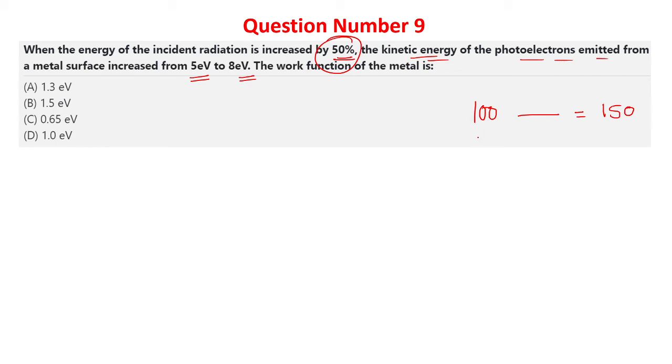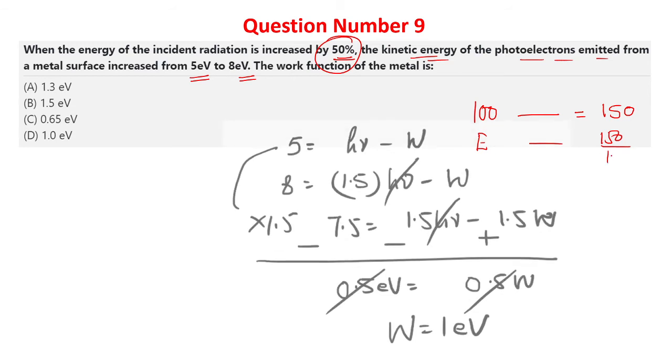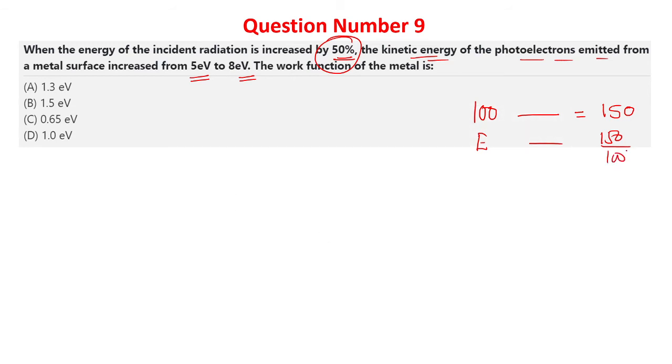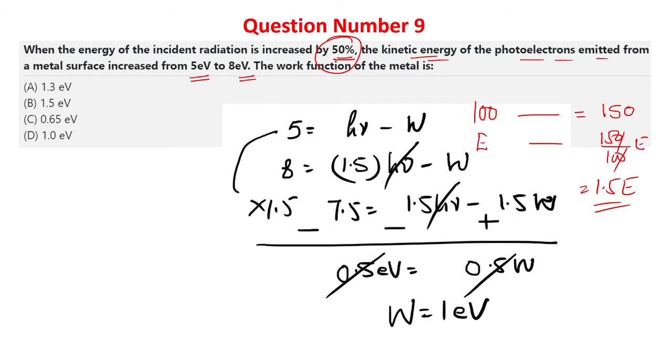Or if energy of photon initially was E, then new energy is 150 by 100 into E. 1 0 cancels, so 1.5 E. This is the new energy. So when energy was E or h nu, then kinetic energy, energy of photon minus work function, was 5 electron volt.